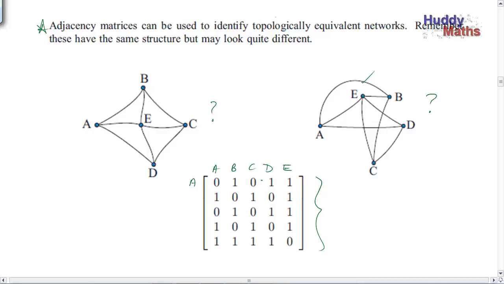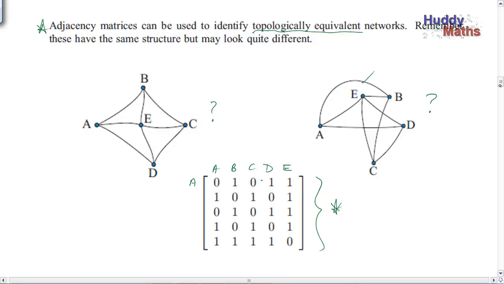So they are topologically equivalent. In other words, they are each showing the same connections or the same number of connections to each of the vertices. So that's a good use of the adjacency matrix, to make one up for two network diagrams and see if they are the same.